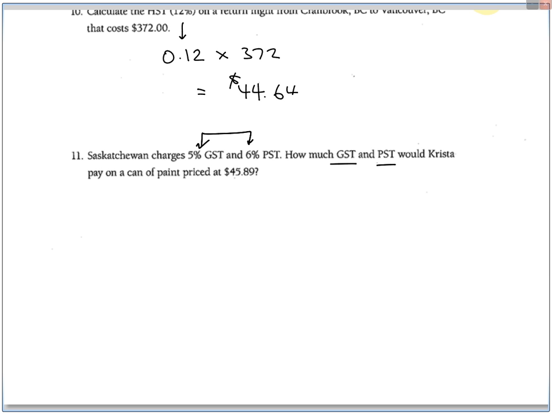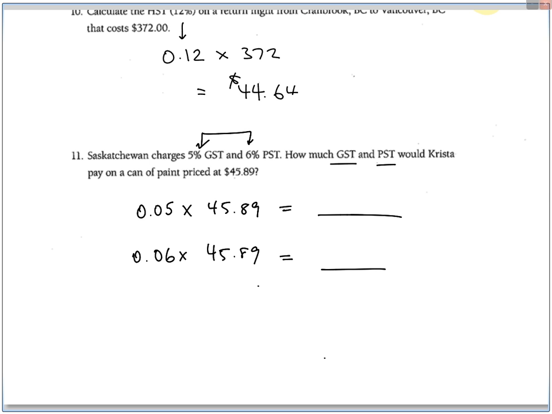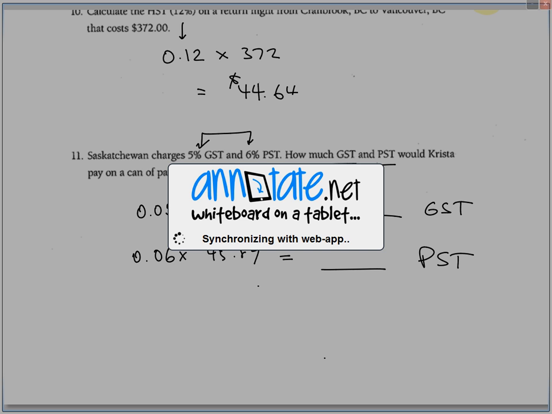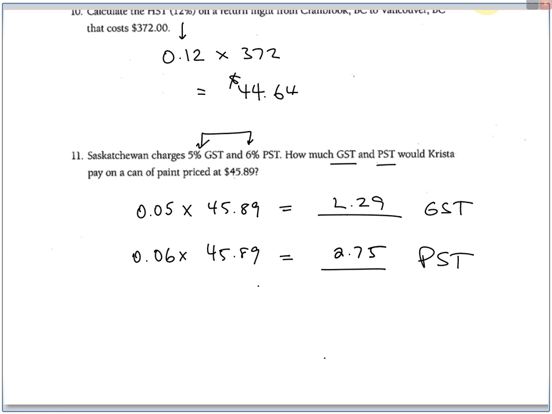So you just have to do them separately. So there's the 5% times by your total. There's the 6% times by the total. Get these answers. There's your GST, there's your PST. And after rounding, 229 and 275.